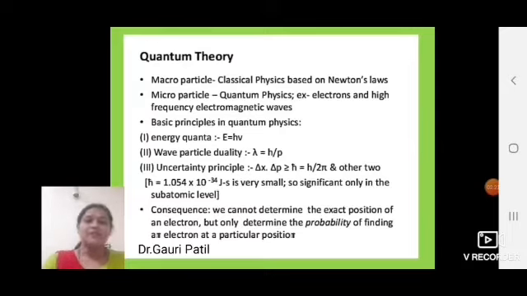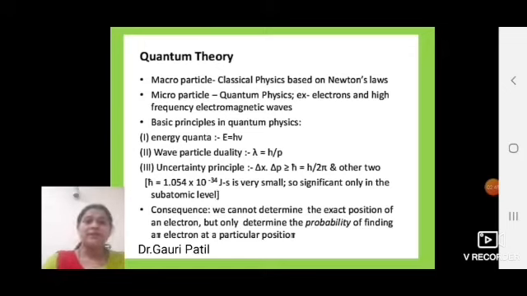And the various principles involved in quantum physics are, first, the energy quanta, which is given by E equals h nu. Second is the wave particle duality, which is lambda equals h by p. And third is the uncertainty principle, meaning we cannot determine the exact position of an electron.